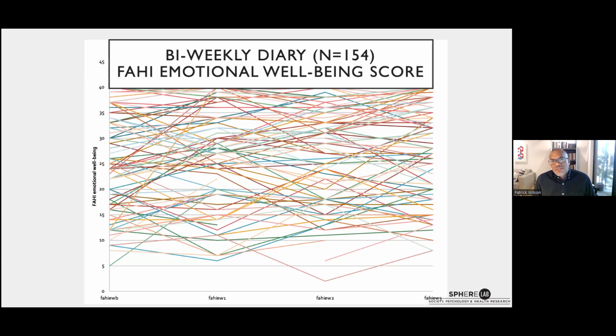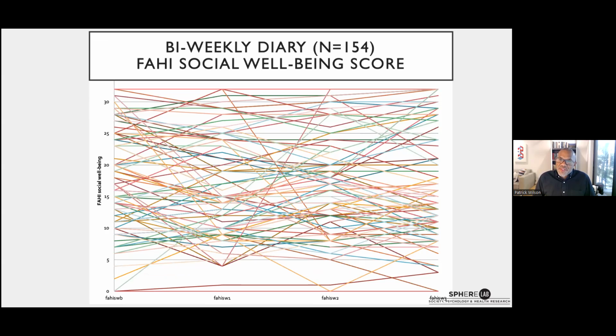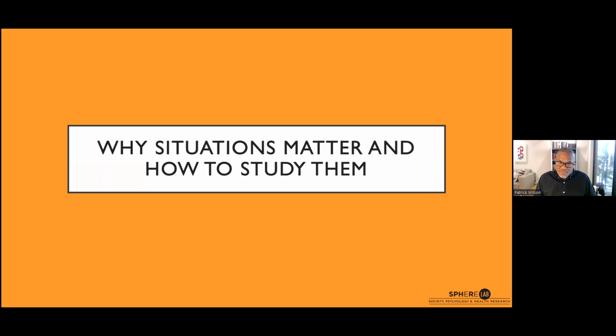This is the measure of emotional well-being, similar to maybe the inverse of a depression measure like the CESD, but using the FAHI, the Functional Assessment of HIV Infection. You can see, again, lots of fluctuations here. And what really struck me was when we looked at social well-being, the subscale of the FAHI, and saw, again, these same major changes across time.